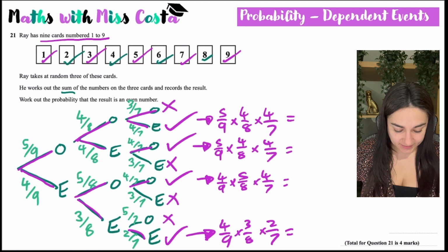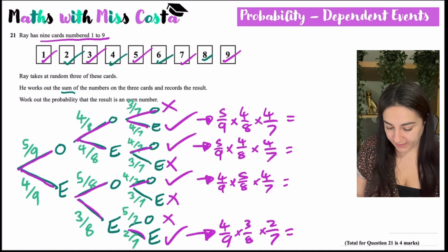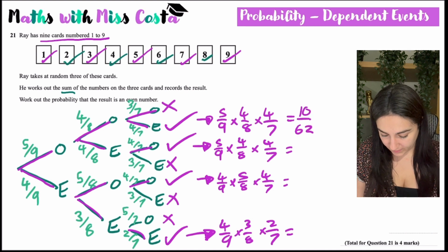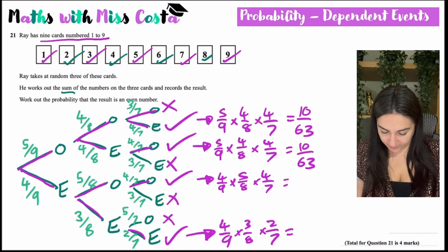So 5/9 times 4/8 times 4/7 is going to give you 10/63. This is going to be the same because it's the same denominators, 5 times 4 times 4, so that would be 10/63 as well. Is this the same?